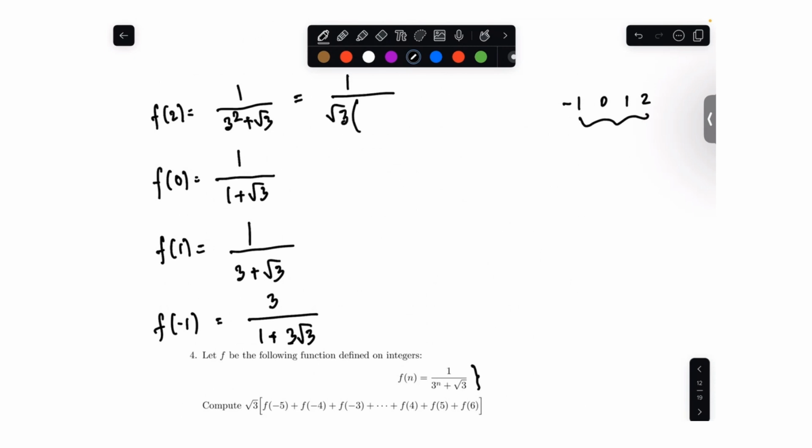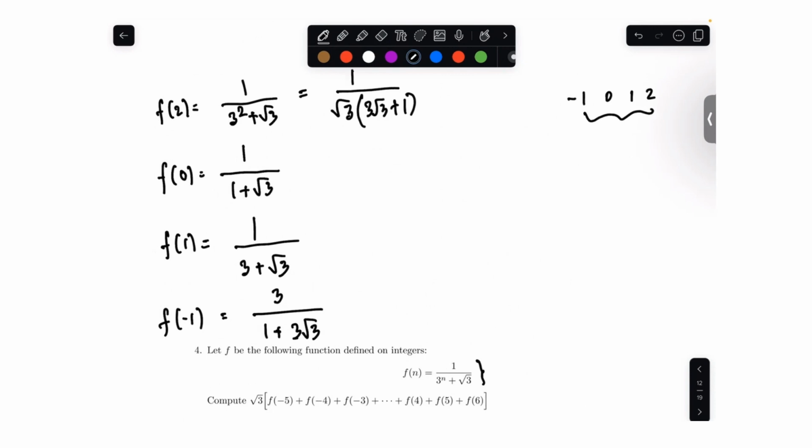It's this. If you observe, it's 3 square means 3 root 3 plus 1. So you can see that -1 and 2 has this relationship. And here, if you see that root 3 into 1 plus root 3 has this relationship. Do you see the relationship?